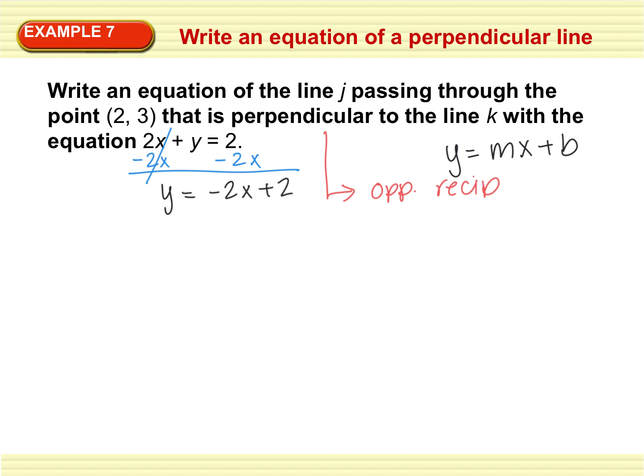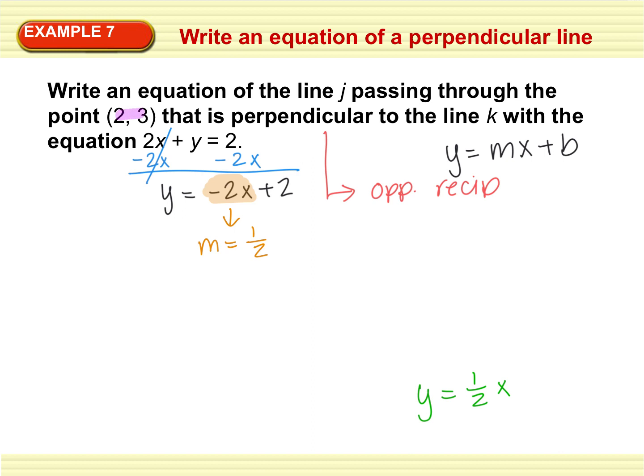I can take this right here, and what would my new m be? My new m would be 1/2. Now I'm going to take those points, plug it in, and solve for my y-intercept. So I have part of my answer, y equals 1/2x.